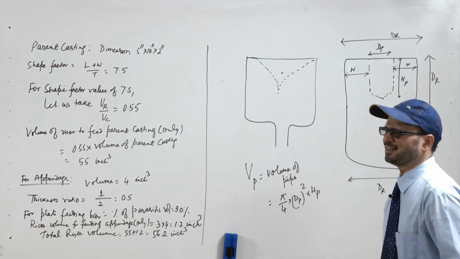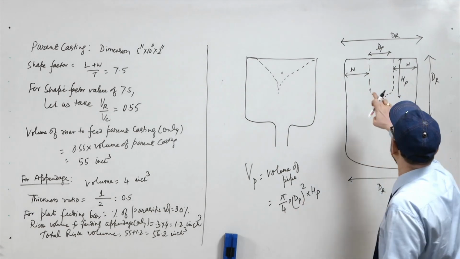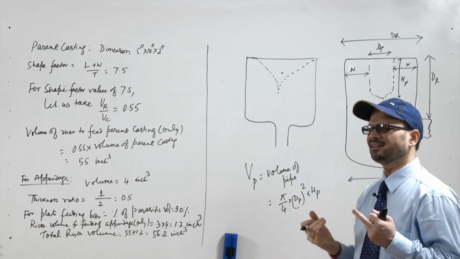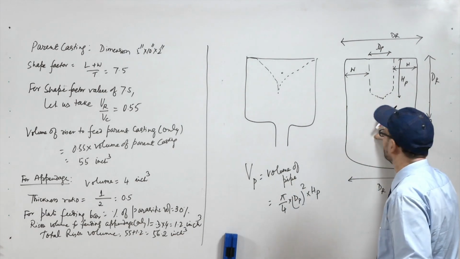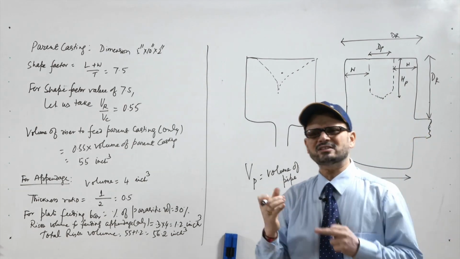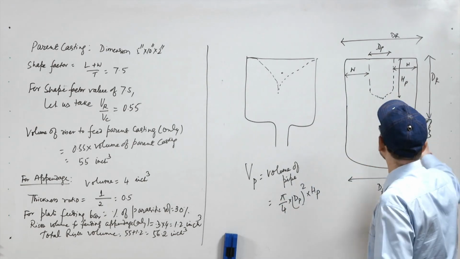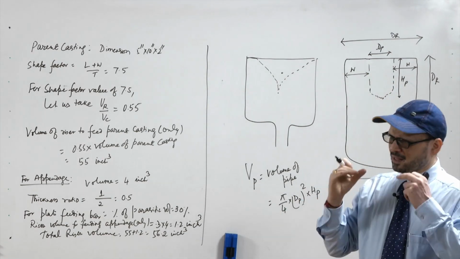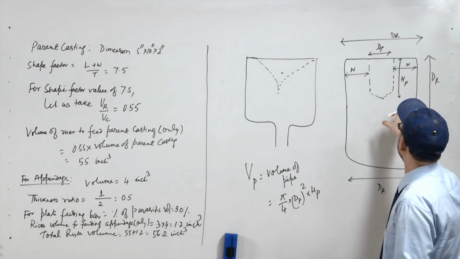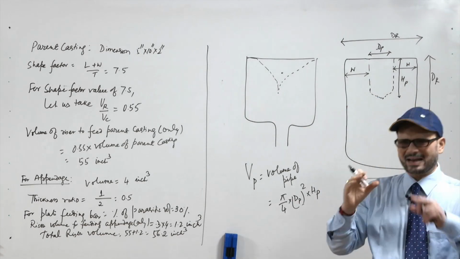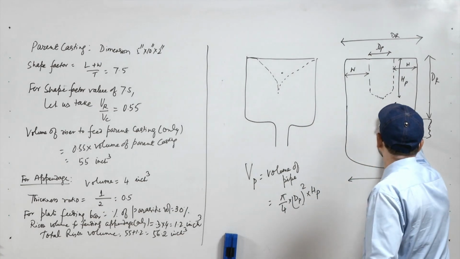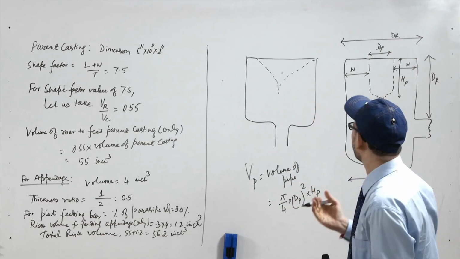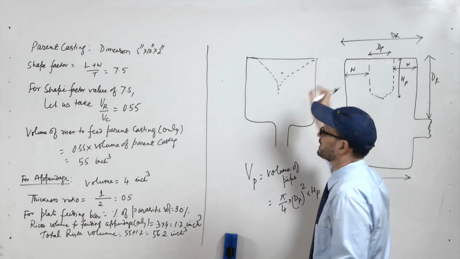There are values taken for this VW, and based on that this piping kind of riser is designed in certain cases, and it has proved effective in certain types of castings in the foundry industries. Normally for malleable iron castings this method has proved to be very effective while calculating the riser shape and size. So, this is the calculation of riser size based on piping formation.